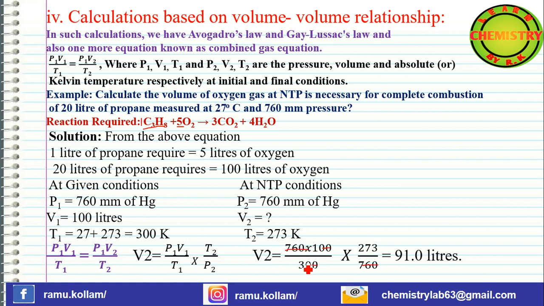Then 3 ones are 3, 3 nines are 27. V2 is equal to 91.0, that means 91 liters of oxygen is required for complete combustion of 20 liters of propane at normal temperature and pressure. Generally we say it like this, but for given conditions we use this type of calculation.